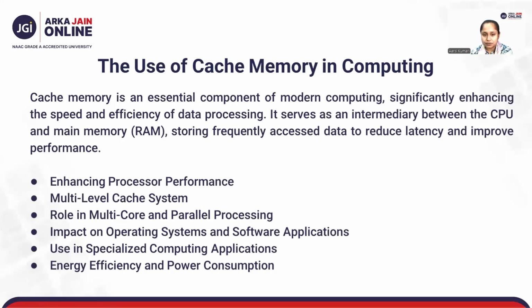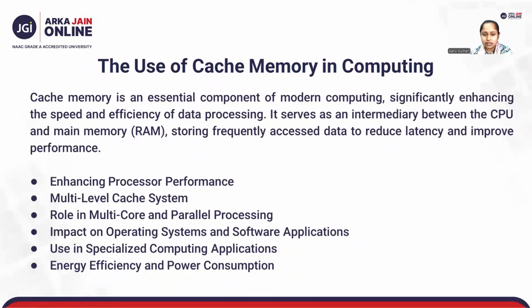Multi-level cache system. Modern computing devices utilize a multi-level cache system, which consists of different layers of cache memory. Level 1, L1 cache: the fastest and smallest cache, located directly on the CPU core. L2, level 2 cache: larger but slightly slower than L1, used to store additional instructions and data.